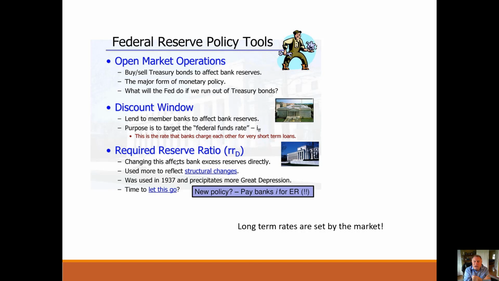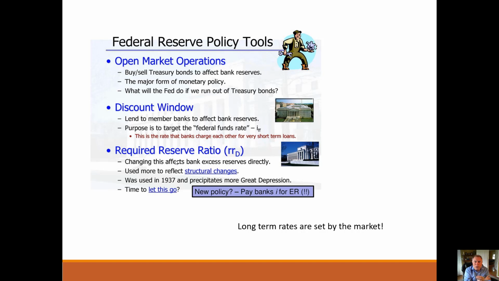When you go to the discount window of the Fed, you're borrowing overnight, short-term money, and the rate they charge is the Fed funds rate. In the past, the discount window has been the lender of last resort.